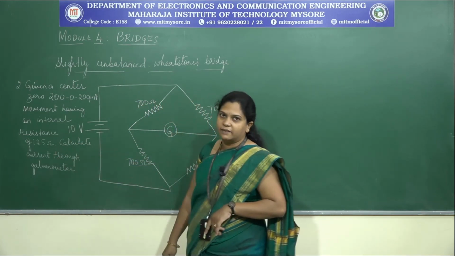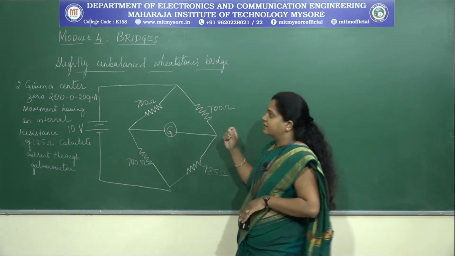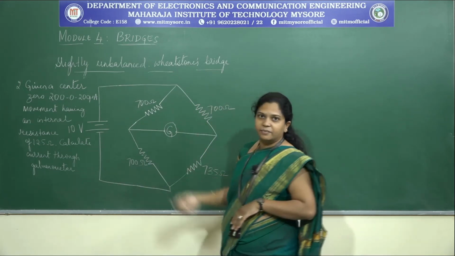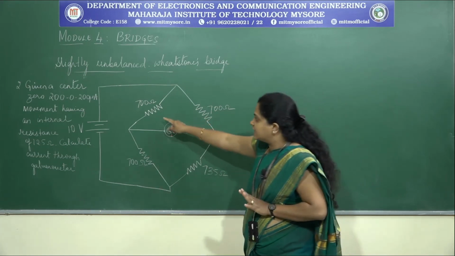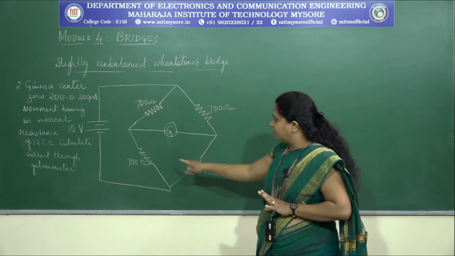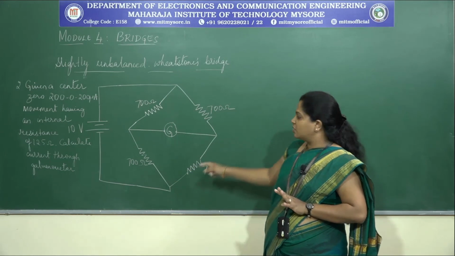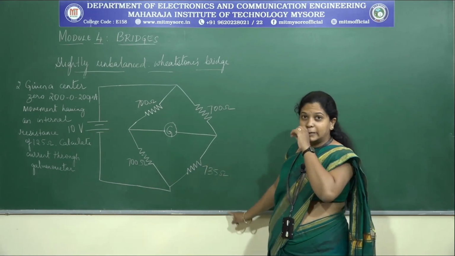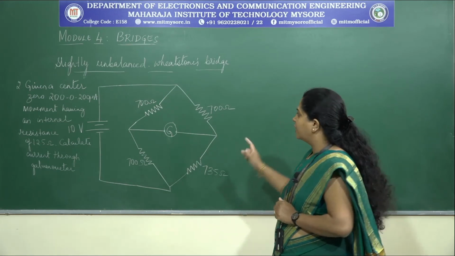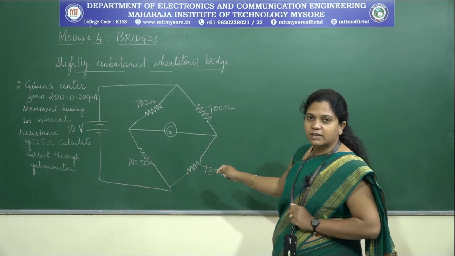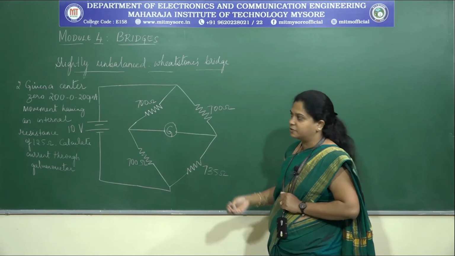Calculate the current through the galvanometer. Okay, they have given that it is a slightly unbalanced bridge. The figure is given. When you see the figure itself, 700, 700, 735, 700. So there is a 5% change when compared with the other 3 resistors. So it is a slightly unbalanced bridge.